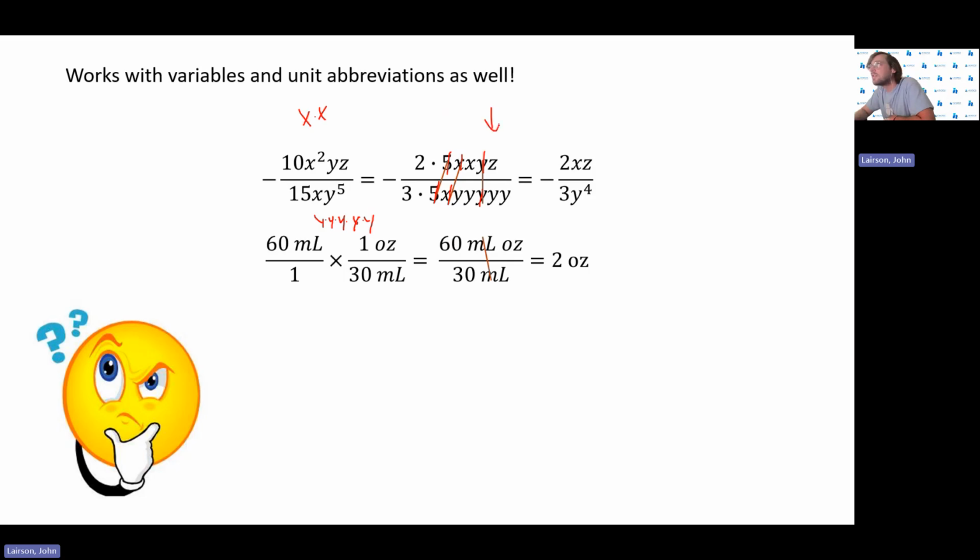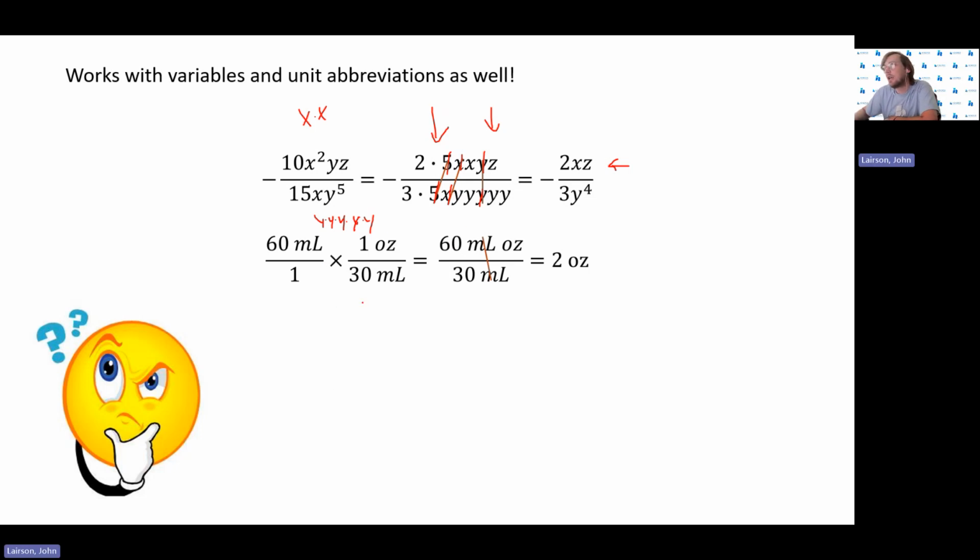I normally look at the letters first and then clean it up and then do the prime factorization trees to do this part. This does it all in one step, which is fine. But we can see here, once we do that, we've got 2, we've got 1 x left, and we've got a z. We've got a 3 left, we've got 4 y's, so it's 3 y to the 4th, cleaning it all up.